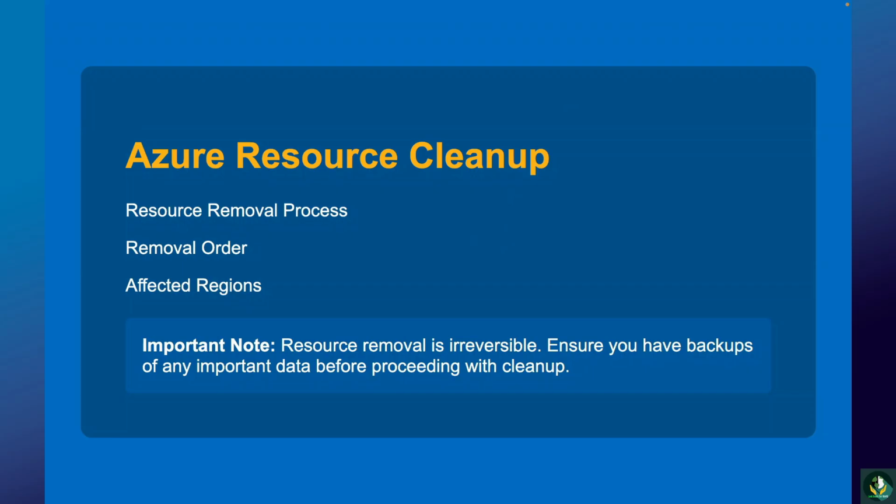After deploying and utilizing our Azure resources, it's crucial to understand how to properly clean up and remove these resources when they are no longer needed. This process will help you to manage costs and maintain a tidy Azure environment.